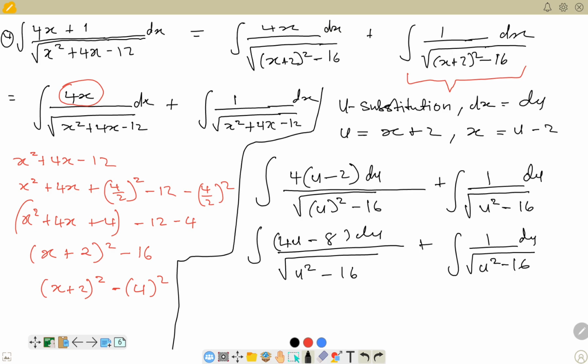So it seems a little bit long, but if you carefully look at it, you will see that it's not that difficult. So now we can split this term into two parts. We can divide 4u and minus 8 there so that we can see what happens.